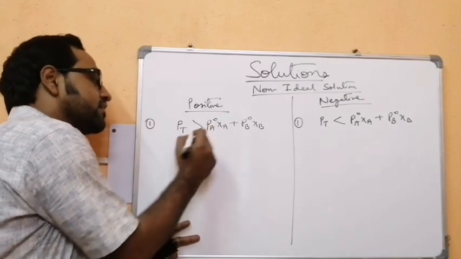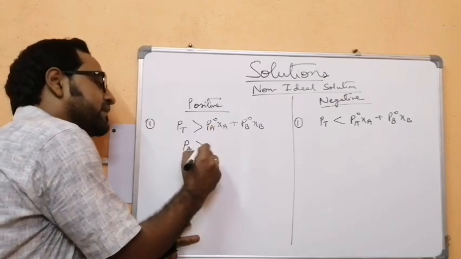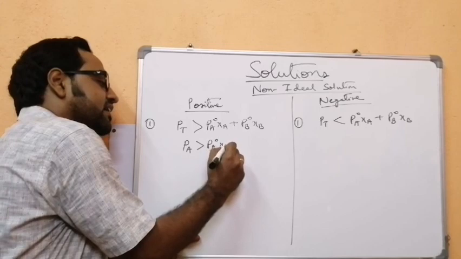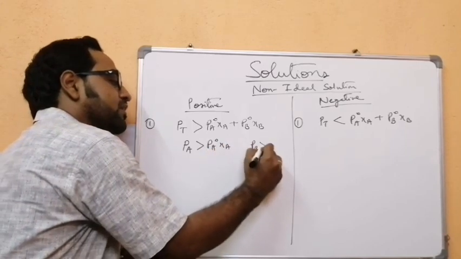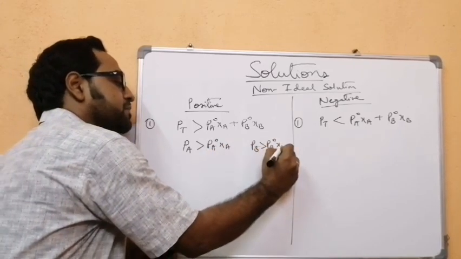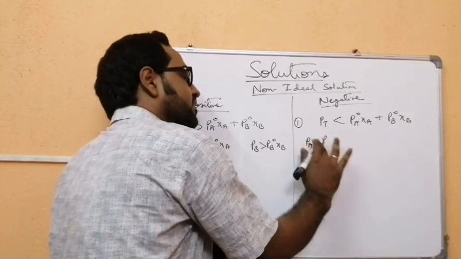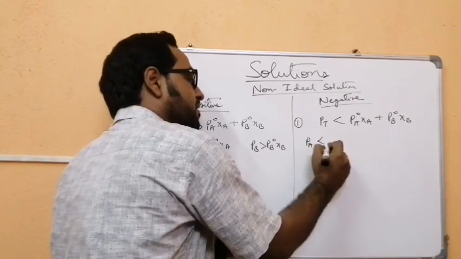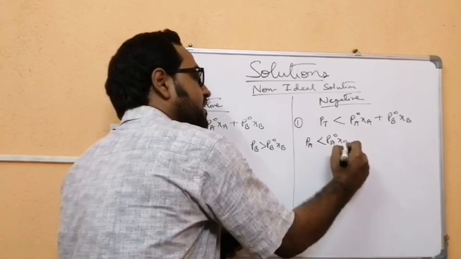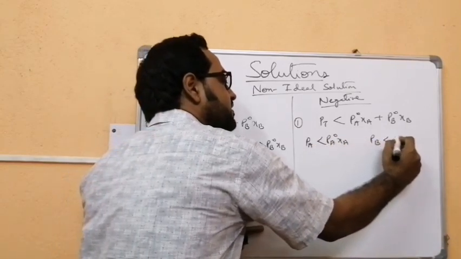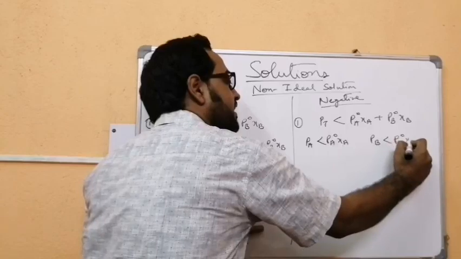So again, we will have PA greater than PA naught XA and PB greater than PB naught XB. Here also, PA is less than PA naught XA and PB is less than PB naught XB.